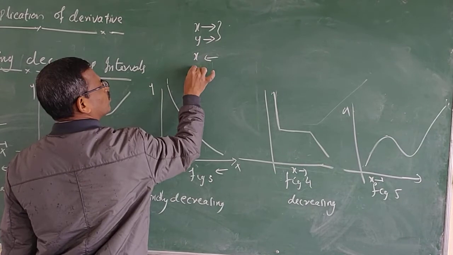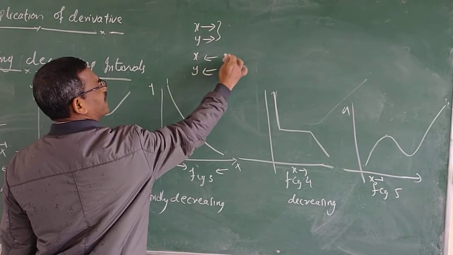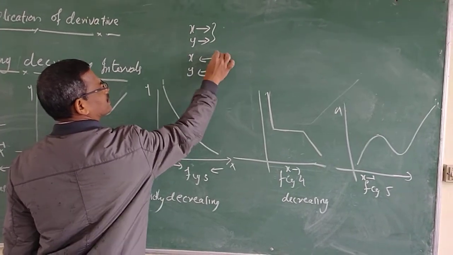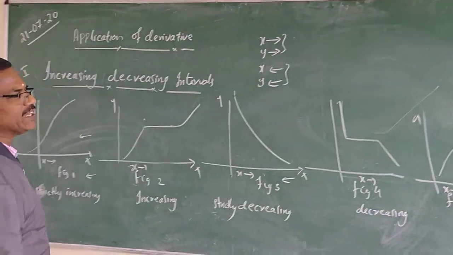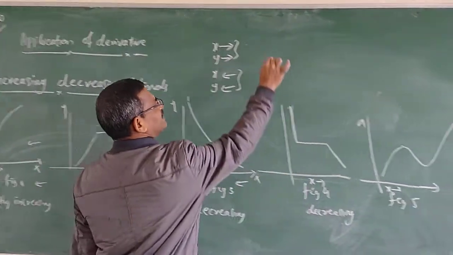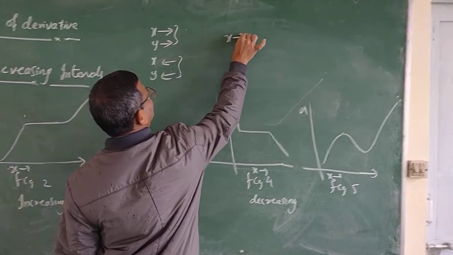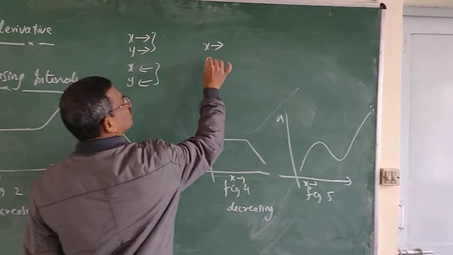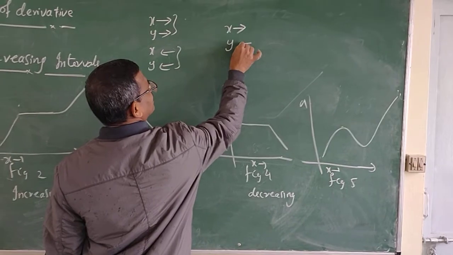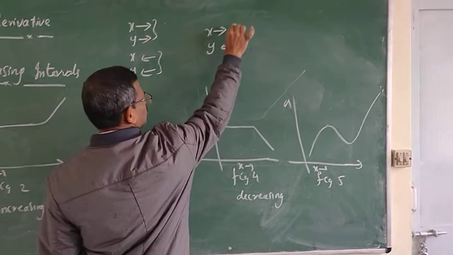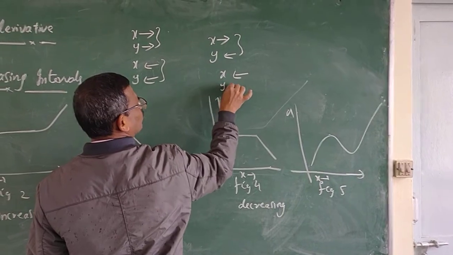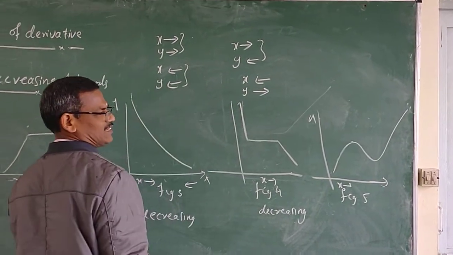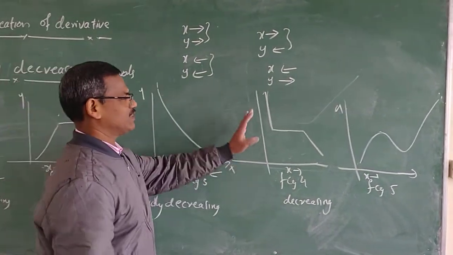This is also increasing: x decreases, y decreases. These two both give an increasing function. And in the other case, when x increases, y decreases, or when x decreases, y increases, that is a decreasing function.